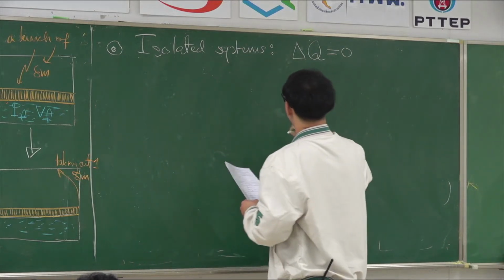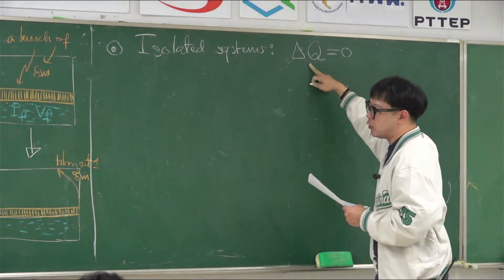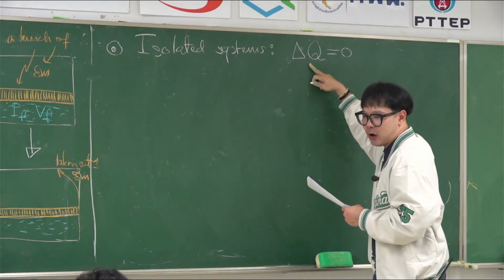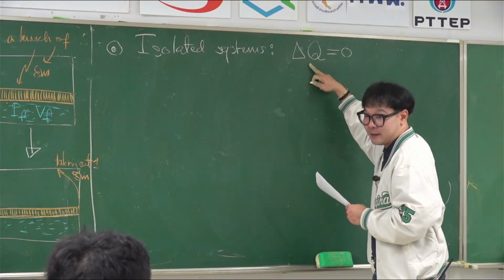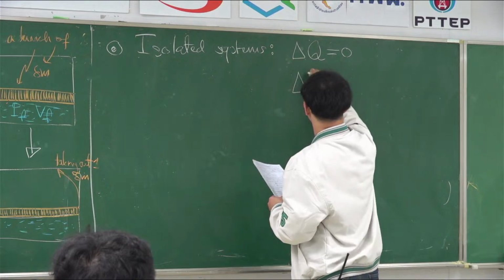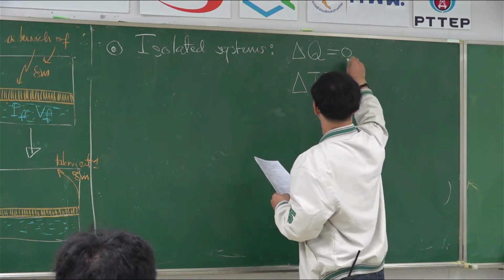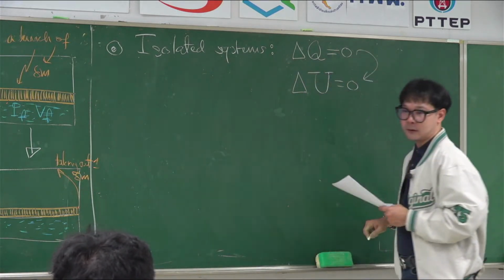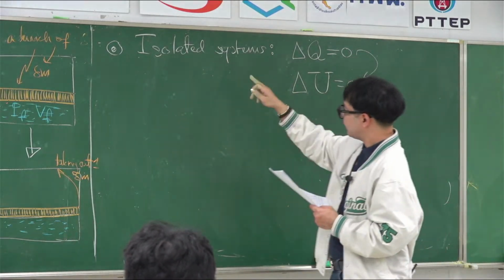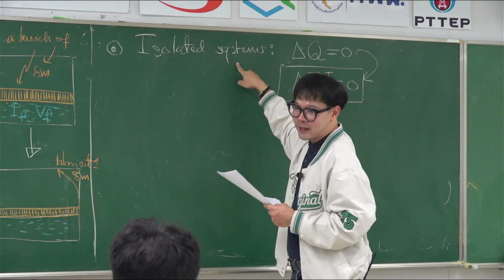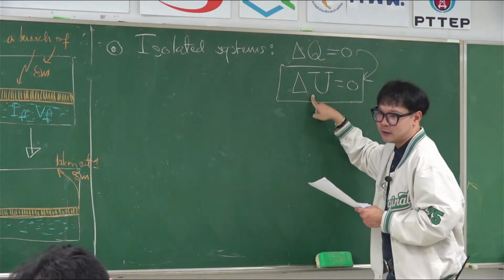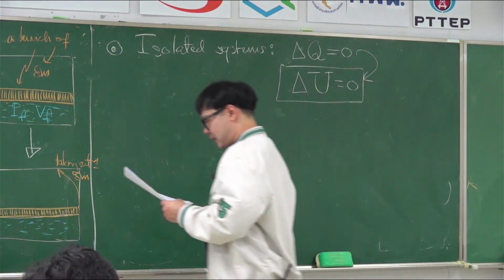So it means that if there is no heat added or taken out of the system, your internal energy will be the same, right? Then this is a consequence of this one. All right. You have to remember, for the isolated system, there is no change. Yes, that is the key. Okay.